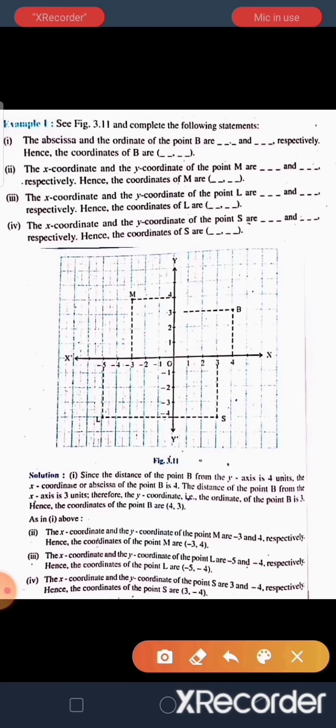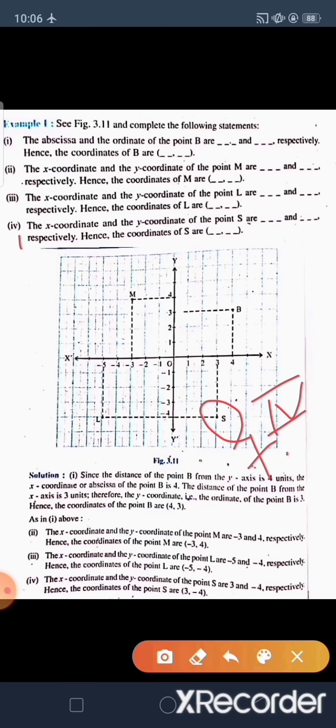Last question, question number 4. The x coordinate and y coordinate of the point S. Our point S is in the fourth quadrant, and in this quadrant the x axis is positive and the y axis is negative.